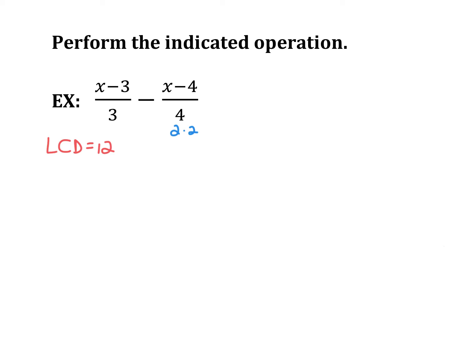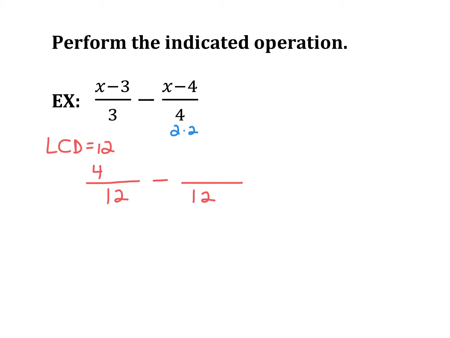All right, so once we have our least common denominator, we're going to rewrite our fractions in terms of that new least common denominator. So I'm going to change my denominator to twelfths, and if I originally have a denominator of 3 and now I'm going to have a least common denominator of 12, I'm going to multiply by 4 to get from a denominator of 3 to a denominator of 12, and whatever I multiply the denominator by, I need to multiply the numerator by.